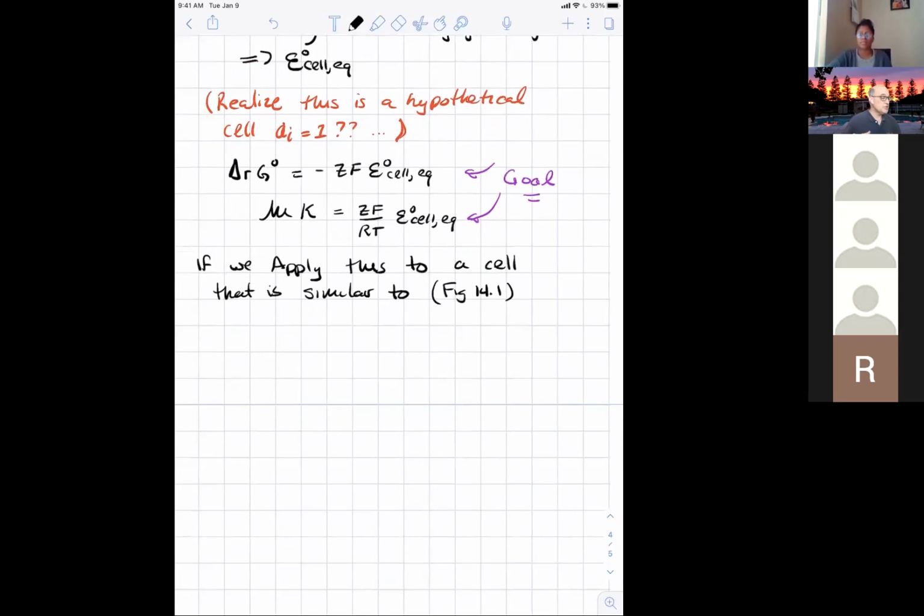Let's do it a little bit different. Let's do a plain silver electrode on the left, and a silver chloride electrode on the right. So that's going to look like this.